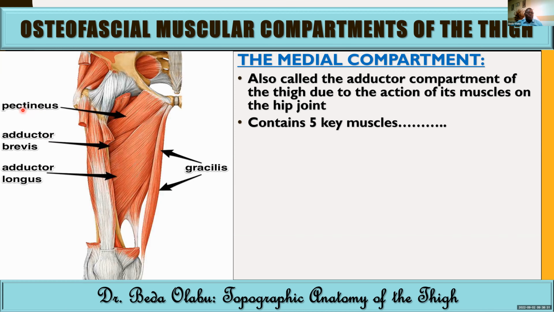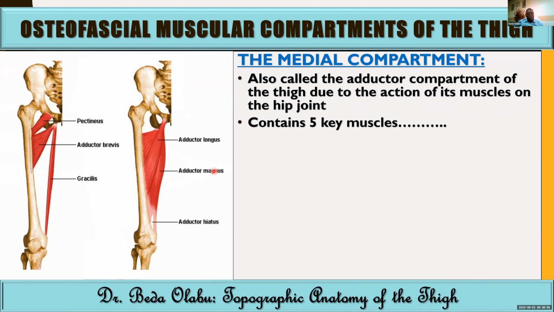So that tells you that pectineus is both in the anterior and the medial compartment. We have adductor brevis, we have adductor longus, we have adductor magnus, and we have the gracilis muscle. So those 5 muscles belong to the medial compartment of the thigh, which you also call the adductor compartment of the thigh.